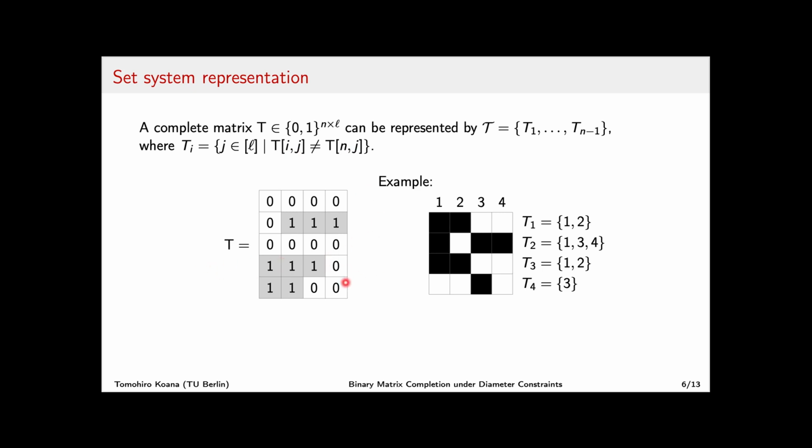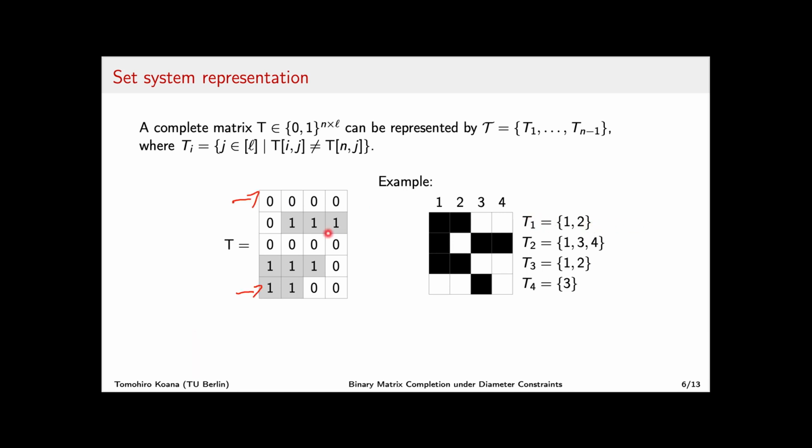Suppose that we are given this matrix T, then we focus on the last row here, and say we wanted to compute T_1. Then we look at the first row, and we see that between these two rows, they differ only on the first and second column. So we have T_1 equal to {1, 2}.